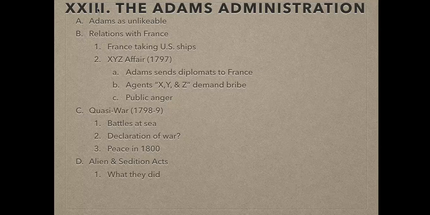And the second one is the Sedition Acts, and this is going to allow the government to consider it a crime if a person is writing or saying things against the government that are false or scandalous or terrible.